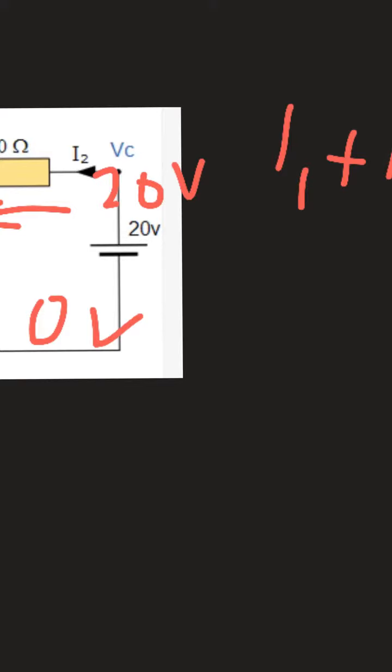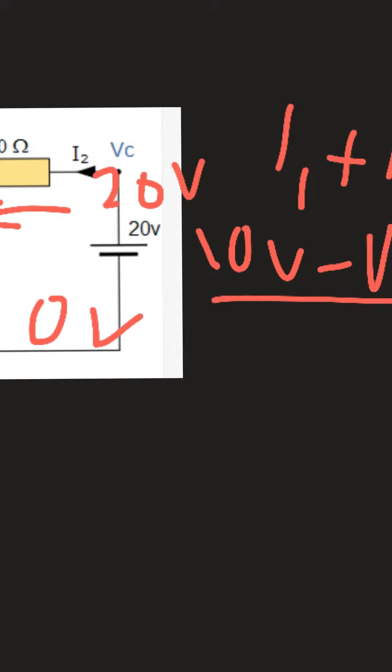Now we can start writing equations for our currents in terms of the voltages. I1 will be the voltage from 10 volts minus VB, the unknown, all over the resistance, which is 10. I2 will be the voltage from, which is 20 volts, minus the unknown, VB, all over the resistance, 20.